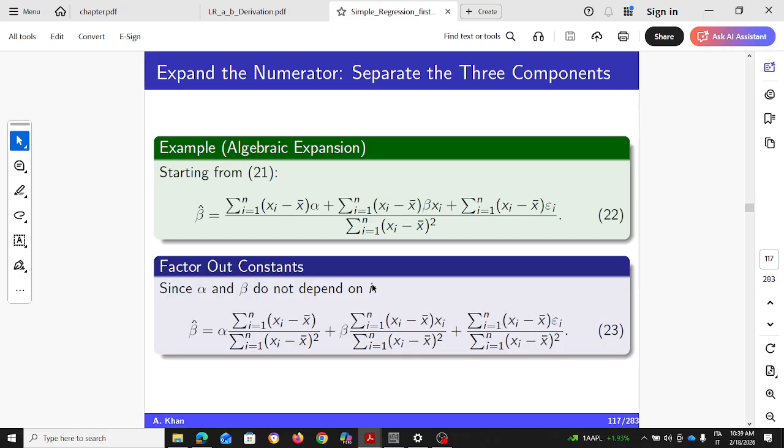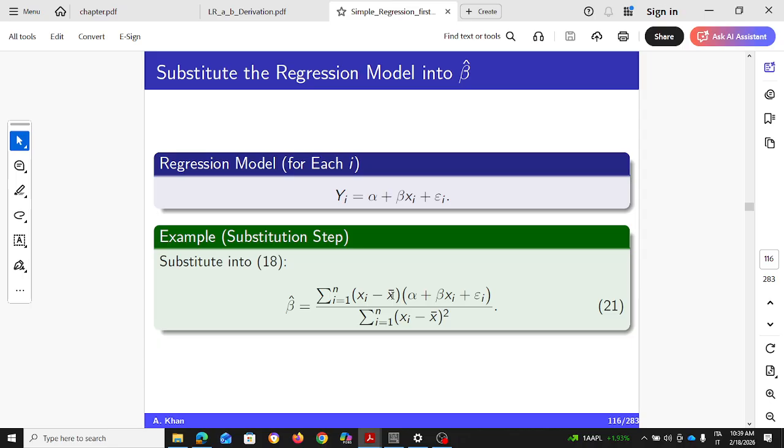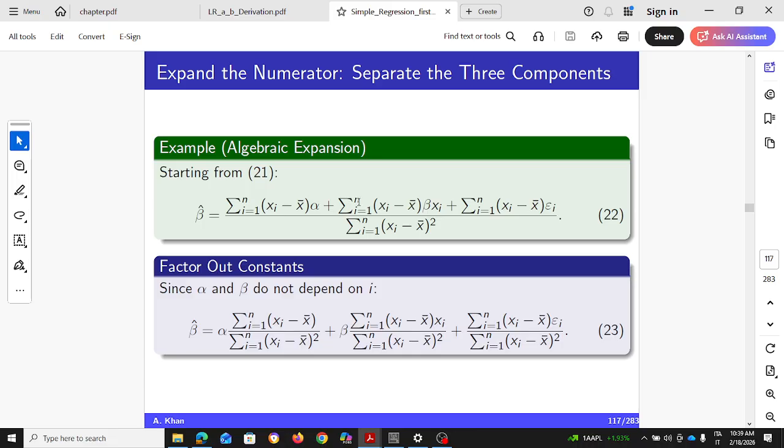Now multiply each term here with alpha, then with beta xi, then with the disturbance term. We multiply all of these and we have this equation. Now factor the constant out, alpha from here, beta from here. It takes this shape. Now divide each term by this. So we have this form now.